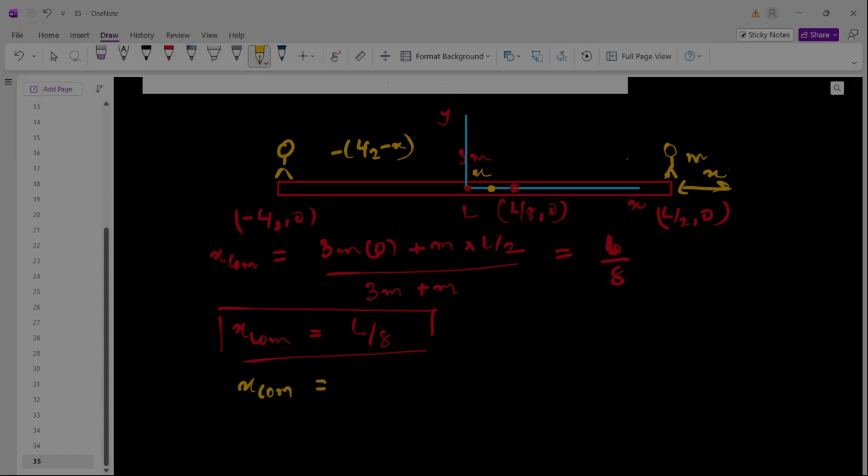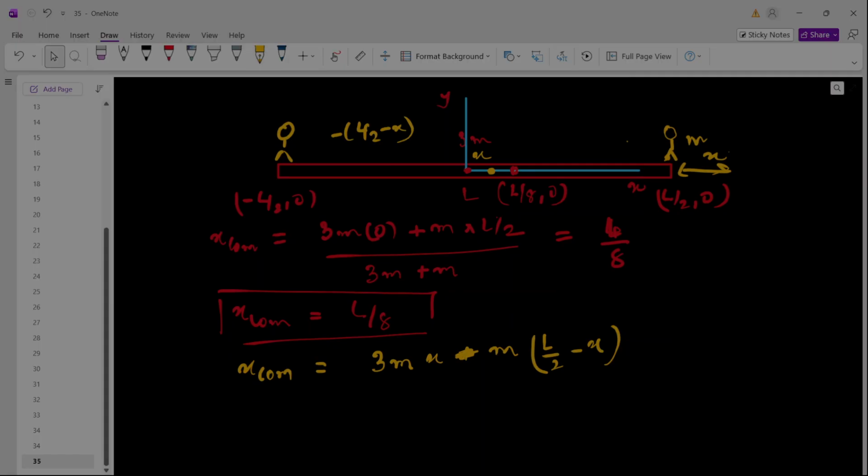It will be 3m multiplied by x plus m multiplied by L by 2 minus x, and this will have a negative, right, since it's on the left hand side. So this plus will become minus here, right?